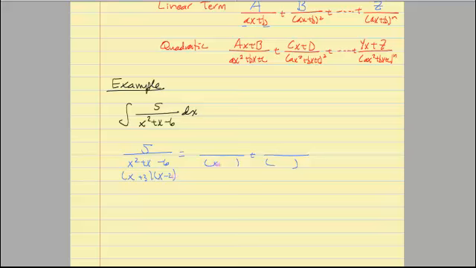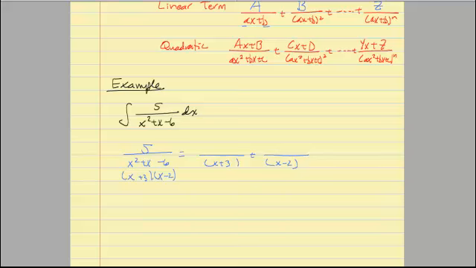So the linear factors here are x plus 3 and x minus 2. You might say, wait a minute, we can't do this because here I'm not multiplying these together. But if you were to find a common denominator, that's exactly what we'd be doing: multiplying these together. So we're trying to split this single rational expression into its two terms that I would find a common denominator with.